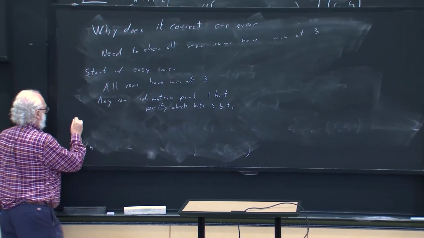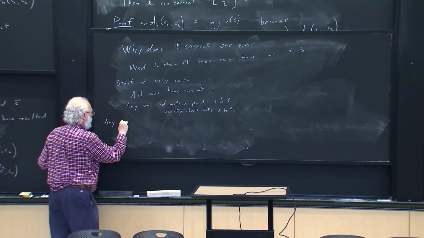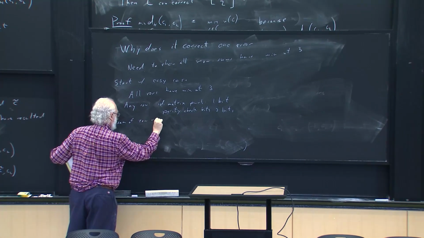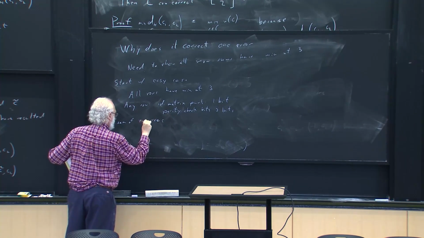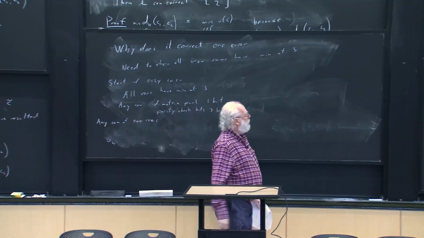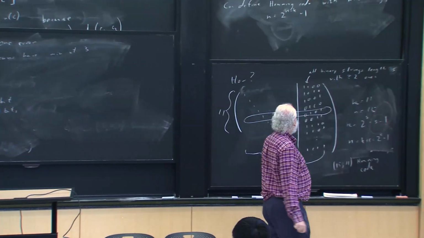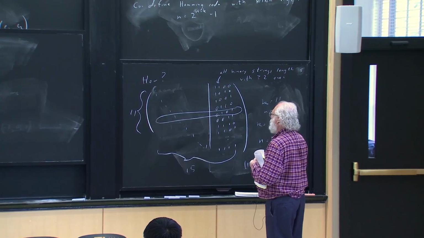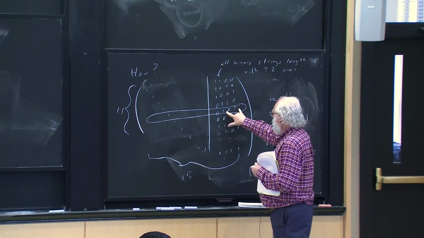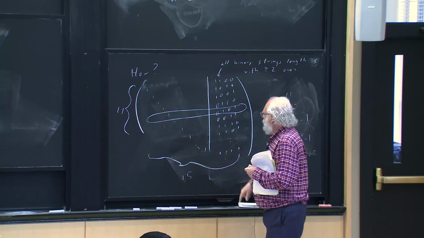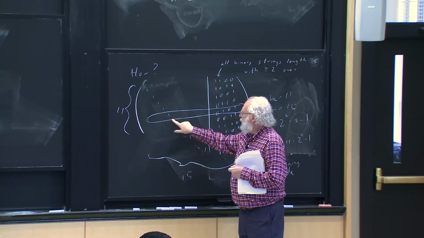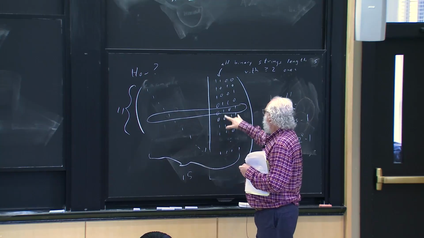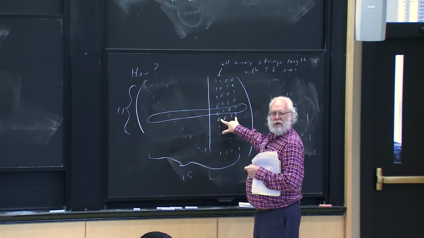Okay. Any sum of 2 rows, well, let's take two rows and look at their sum. There are two different ones in the identity matrix part. So we need at least one 1 in the parity check bits.